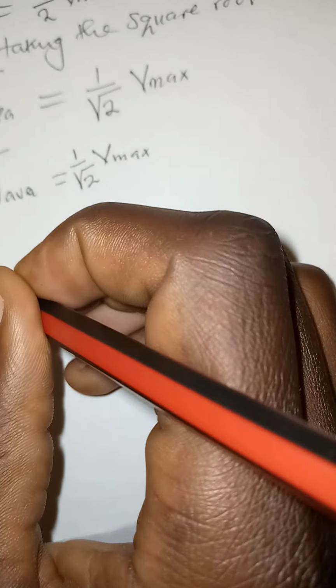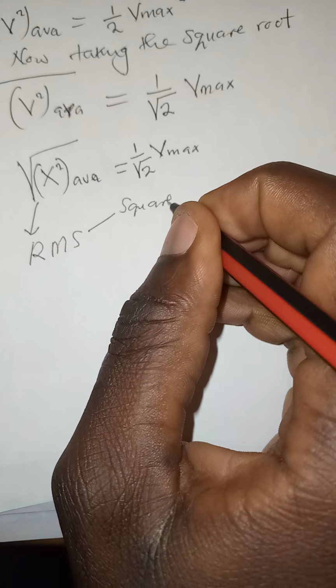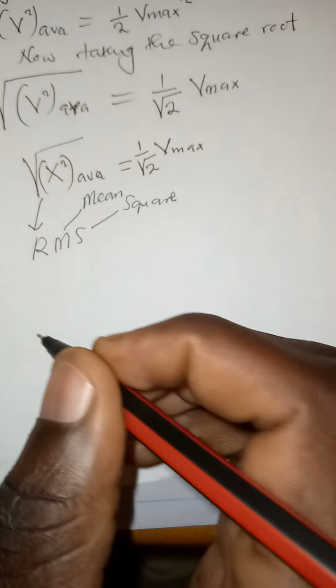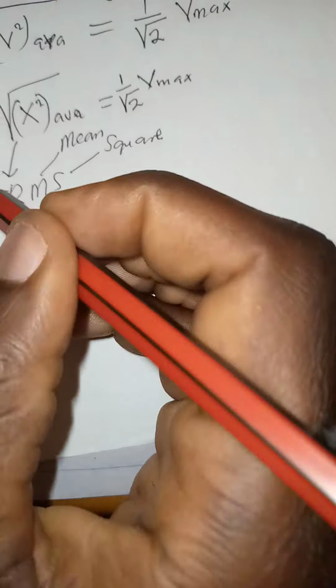And what else? M is a mean. So let me write this, then I try to point them out. So this is a square. Then this is a mean, which is root. So this is what we have.